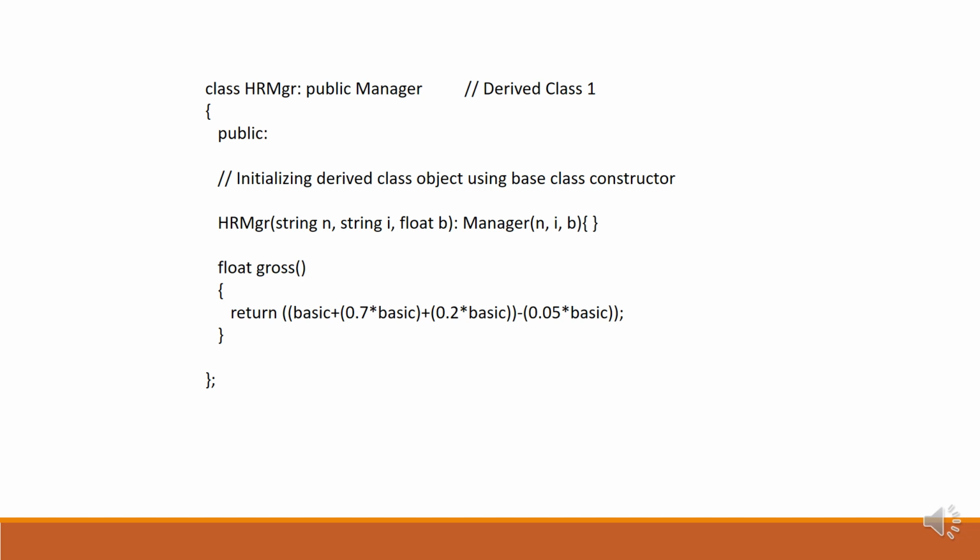As can be seen in the class declaration, there are no data members, but by virtue of inheritance, the class HR manager has 3 protected data members: name, ID, and basic salary.